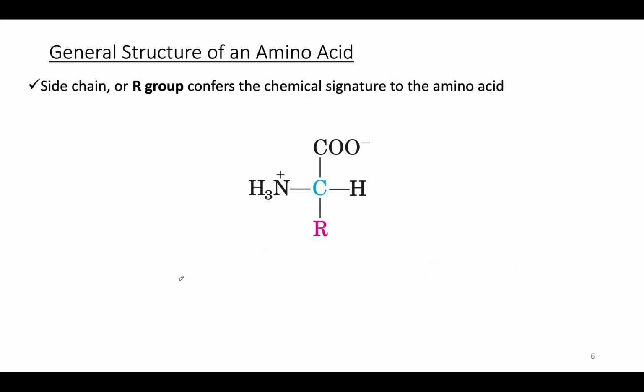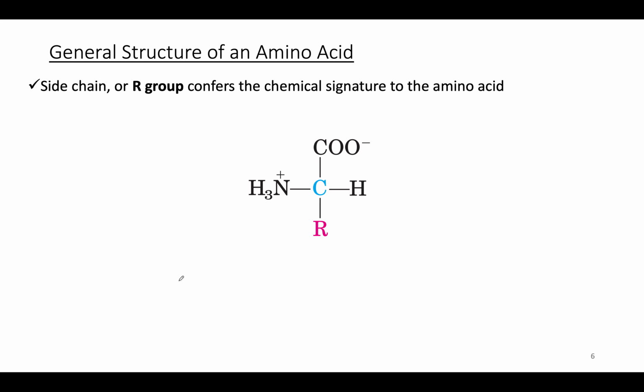Now we need to look at a particular aspect of each amino acid. What I will focus on is the R group. I can say that the side chain or the R group confers the chemical signature to the amino acid.